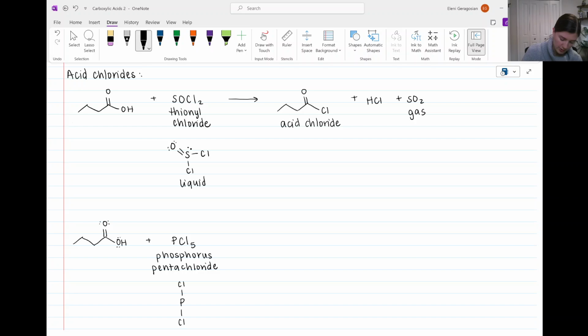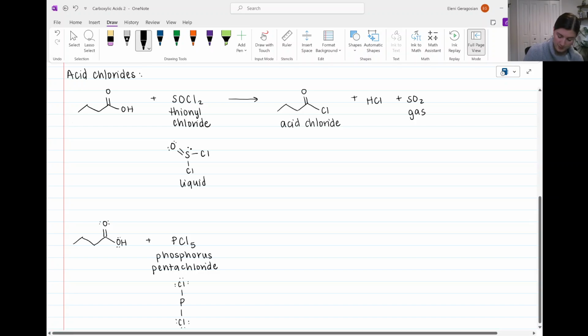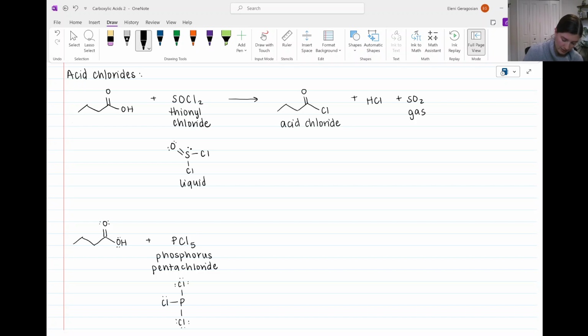This is a new geometry we haven't discussed. But there are 2 chlorines opposite each other this way, and then we have 3 chlorines kind of in the x-axis, the horizontal axis. So here's PCl5, phosphorus pentachloride.